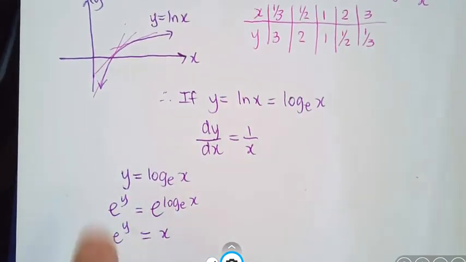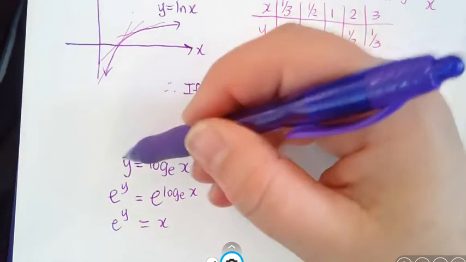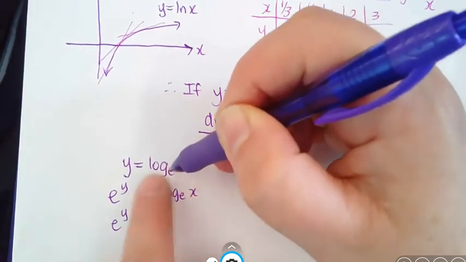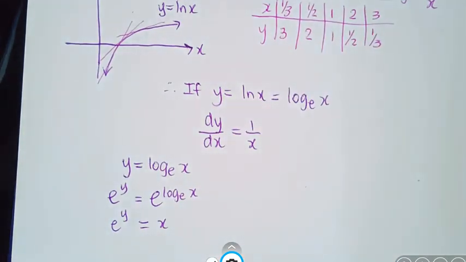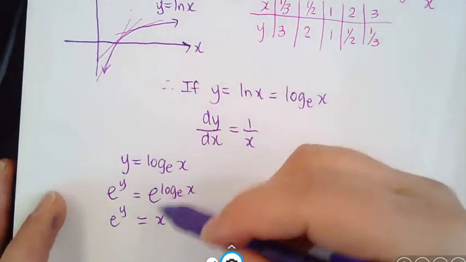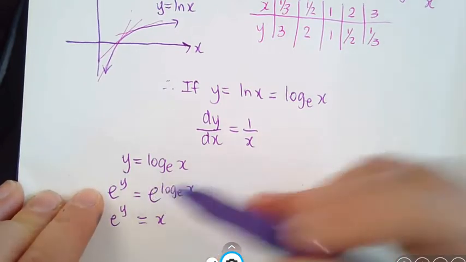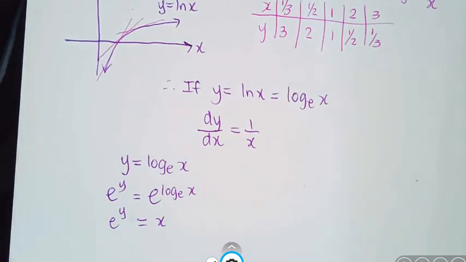Or you just use the log law: if y equals log to the base e of x, then x equals e to the power of y. But a lot of people forget that law, and it's easier just to take e to the power of both sides. So you do one of two things to both sides. In this case, because it's log to the base e, you wouldn't take log of both sides because log is already there. You need to undo the log.